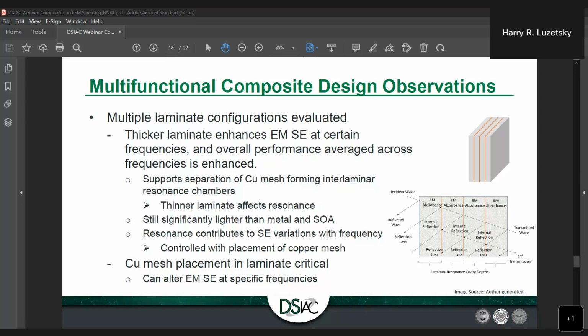In any case, we still wind up with something that is lighter than the metal, as well as lighter than the general state of the art. This is a much more efficient structure. And the idea here is that you can now actually use the structure itself and not wind up having to put all of your weight into the electronic enclosure.